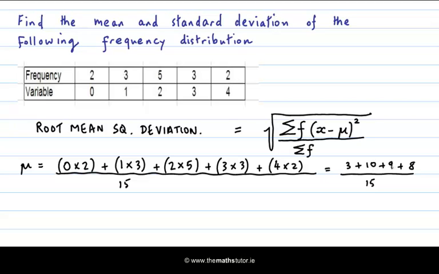Plus 9 is 22, plus 8 is 30, divided by 15 is 2. So we have a nice round number for our mu. Mu is equal to 2. Now remember that we use the mean in order to calculate the standard deviation, because we need to calculate each data's deviation from the mean.